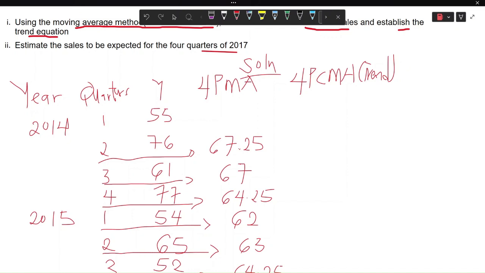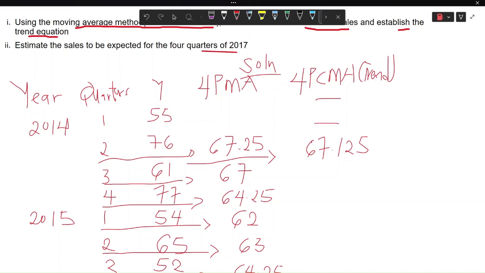We are going to move in, so 67.25 plus 67 divided by 2. In between the 67.25 and the 67 lies the third quarter in 2014. So this value is for the third quarter in 2014, which is 67.125, which means that for the first two quarters in 2014, we have no values.